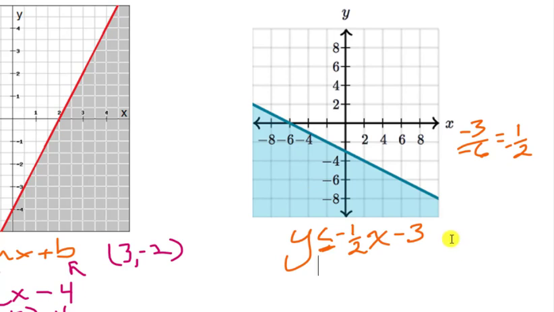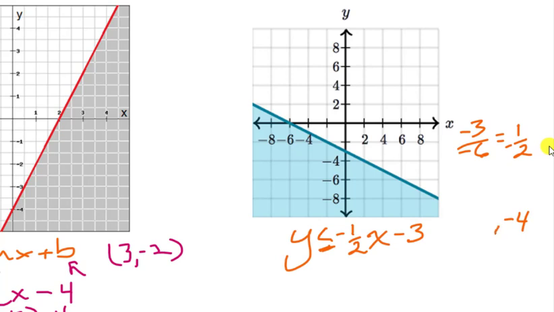So I want to check my answer. I want to make sure that I'm right. So I'm going to pull any value out of here and plug them in for x and y. You can pick anything, literally anything. So let's pick this -4. That's my y value.